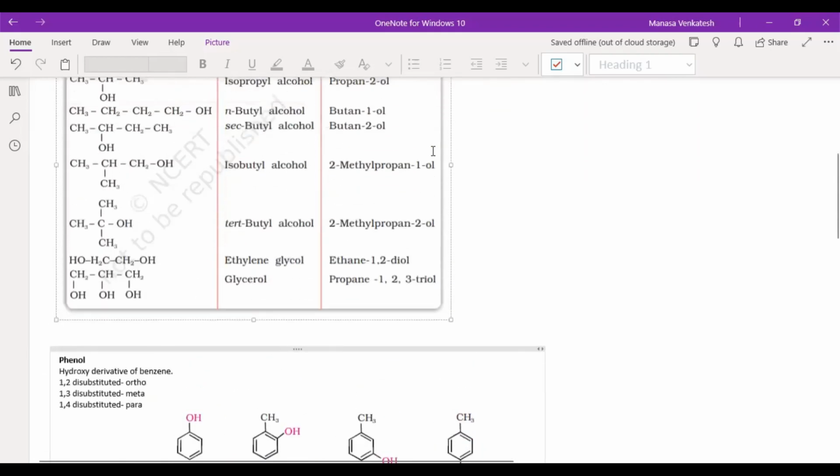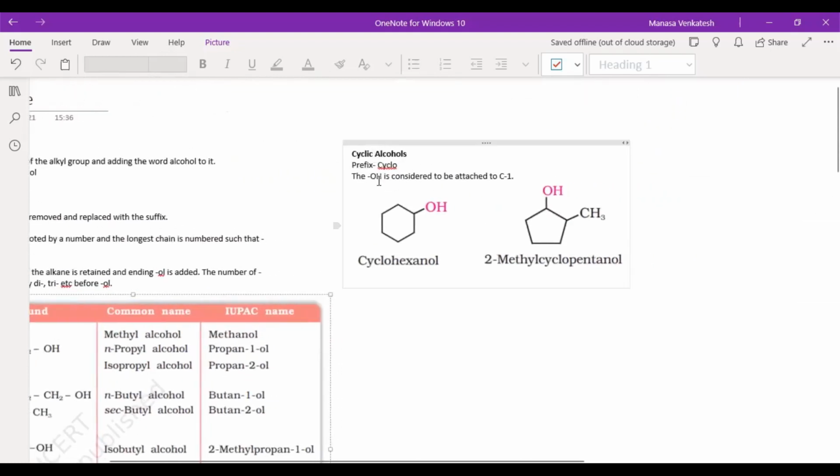So with that, we're done with ethers. In case of cyclic alcohols, you have a prefix cyclo, and the OH is considered to be attached to the first carbon atom. So cyclohexanol, 2-methyl cyclopentanol. So we're done with the nomenclature of alcohols, phenols, and ethers.